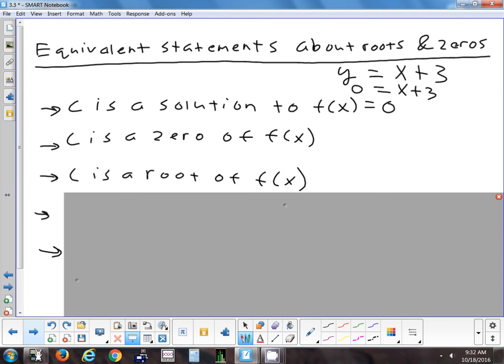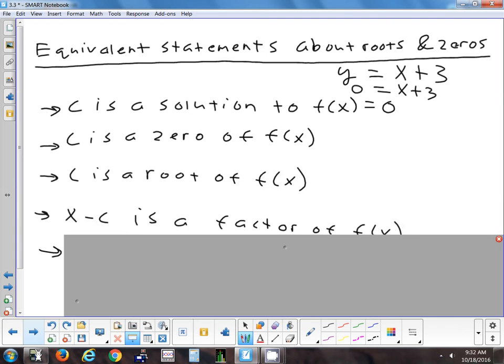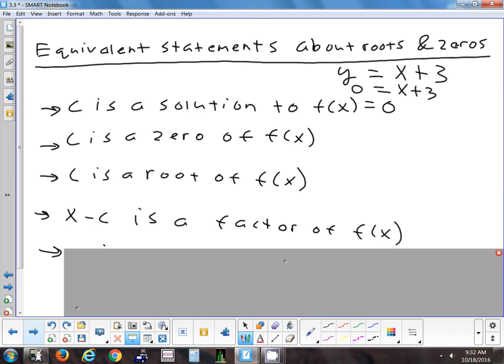And the next one here, this one's probably the most important. Basically says that if you know something that's a root, x minus that is a factor. So if you know something is a root, x minus your root is a factor.